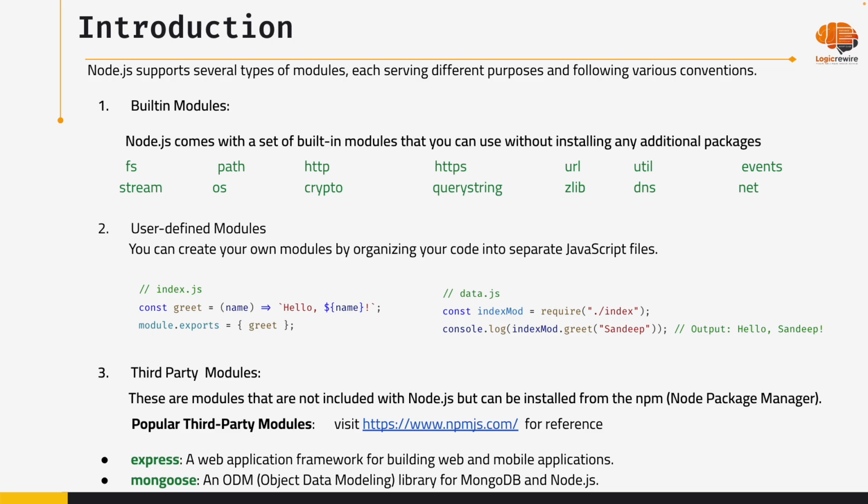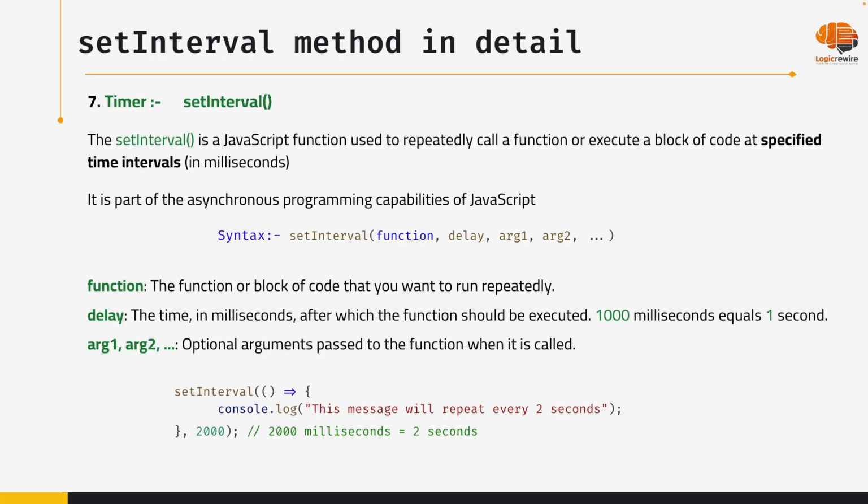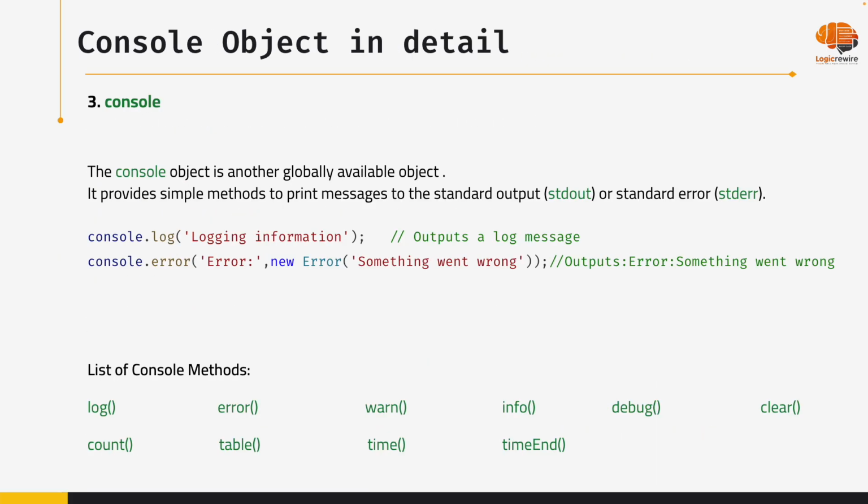There are different types of modules available in Node.js. The first type is the built-in module. Whenever you install Node.js in your system, some default modules are installed with it. You don't need to install those modules to use them, like the global object console: you have used console.log, but you have not written your own code for the console.